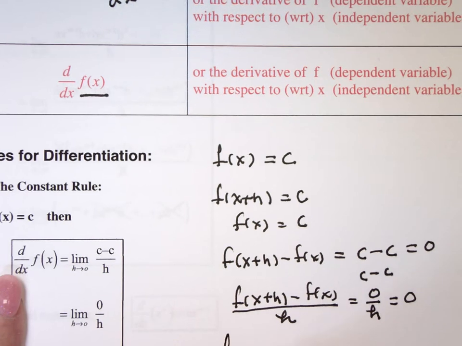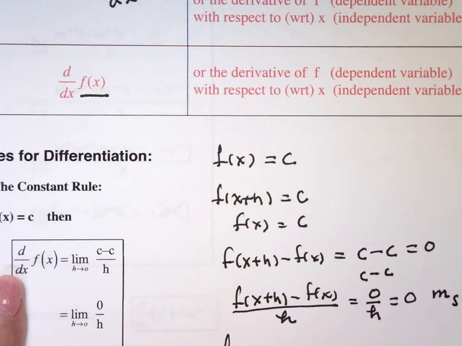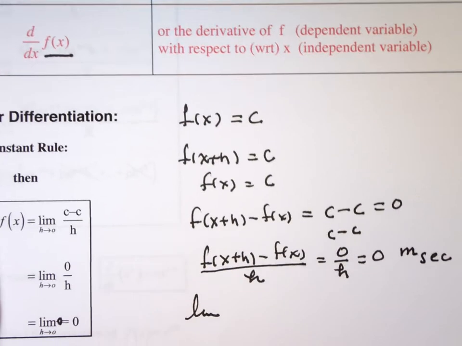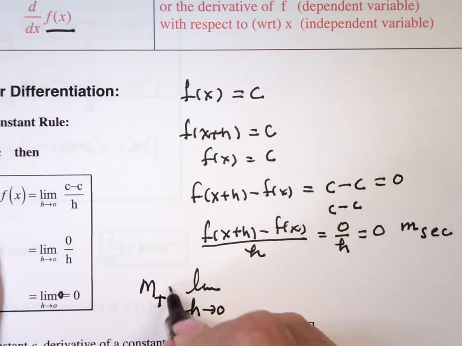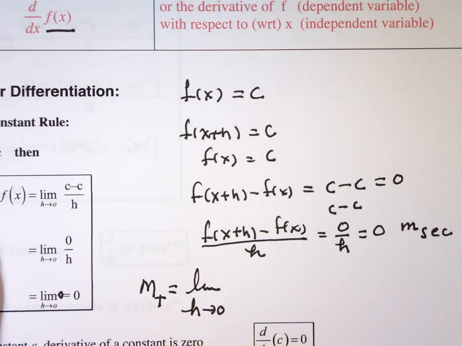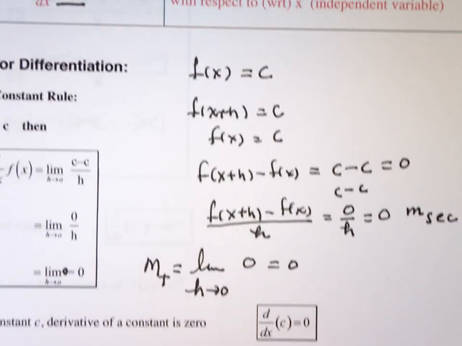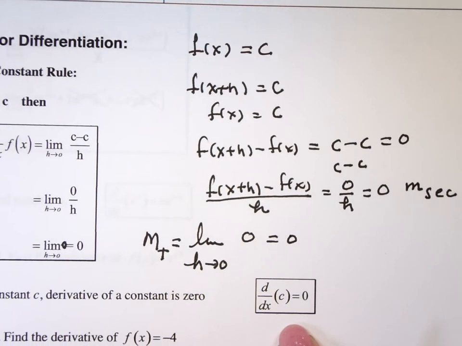So if I take the limit, now by the way, this is the slope of the secant. But if I take the limit as h goes to 0, that's the slope of the tangent of 0. That's just 0. So that gives me the formula that the derivative of a constant is 0.